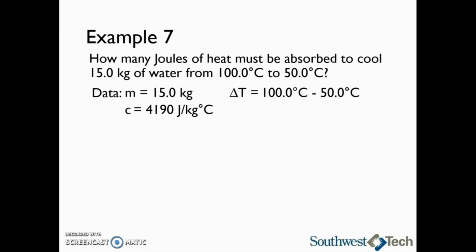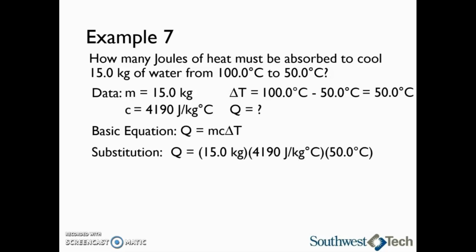The change in temperature we are looking at is 100.0 degrees minus 50.0 degrees, which gives us a change in temperature of 50.0 degrees Celsius. We are trying to find the amount of heat, Q. Now that we have everything recorded, we can write down the basic equation for heat. Q equals M times C times delta T. Next, we can substitute into our basic equation.